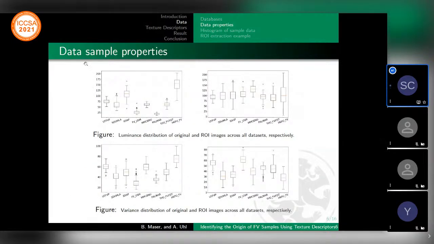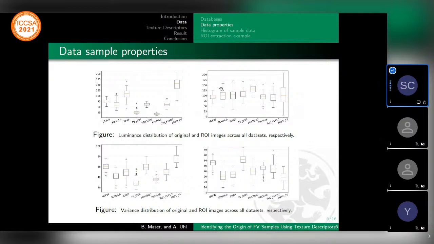Here we see some examples of the properties of the finger vein images from the different databases. In the top row, we can see the luminance distribution of the original images and the ROI samples. On the left side, we see the original images, and we can see that the luminance is quite different for the different databases.